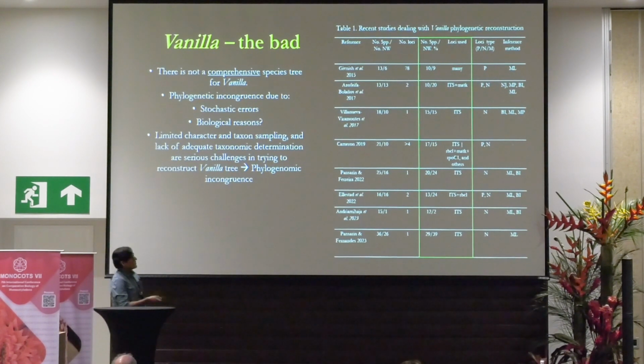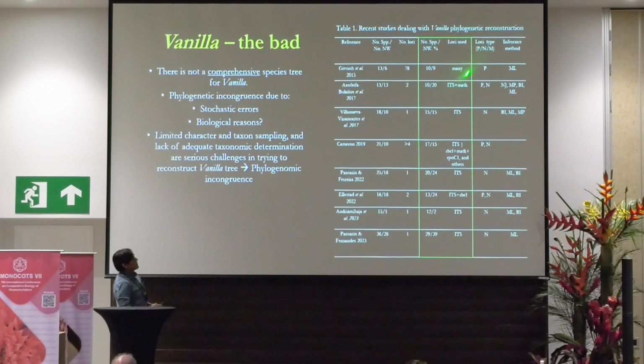You can definitely see that in this table that basically summarizes the last decade of phylogenetic relationships in vanilla. As you can see, hopefully, in this column, the number of species and the percentage of New World species has definitely increased over time, and we reach a kind of high point at about 40% for non-tropical species.